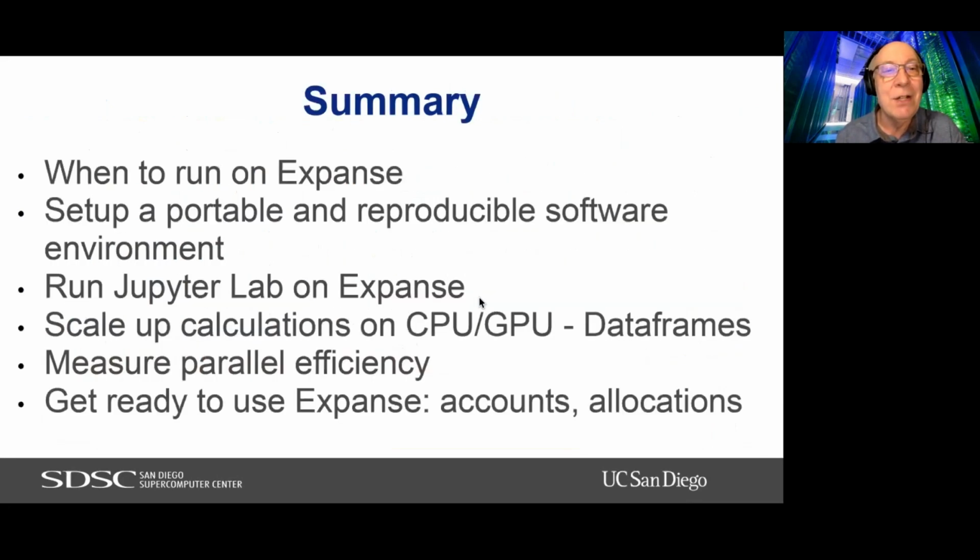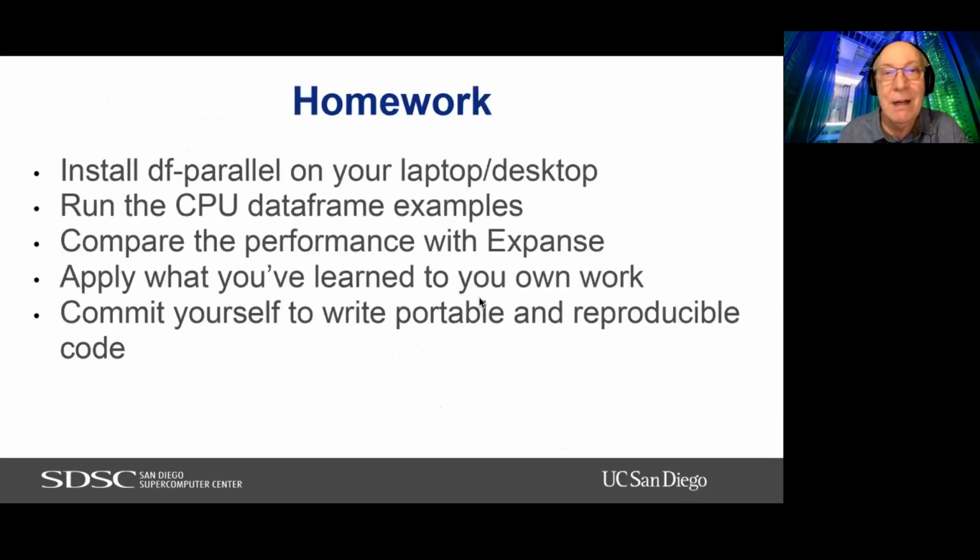So in summary, I showed you where it makes sense to run on Expanse, how to set up a portable and reproducible software environment, in this case using Conda, and some tips on how to run Jupyter Lab on Expanse. Then we showed you how you can parallelize data frames using CPU and GPU data frame libraries, how to measure efficiency, and a little bit about how to get accounts.